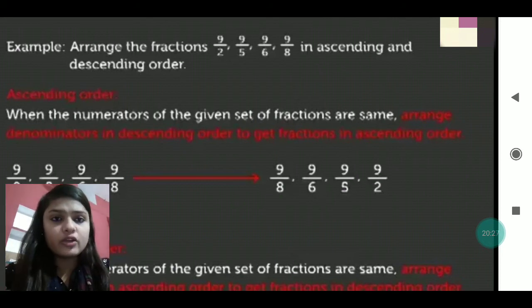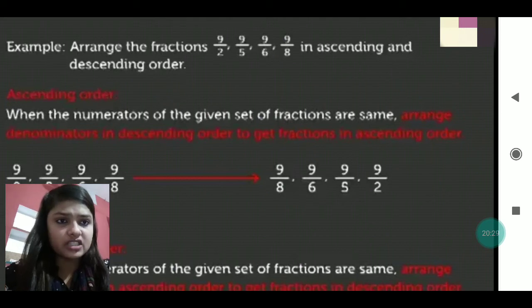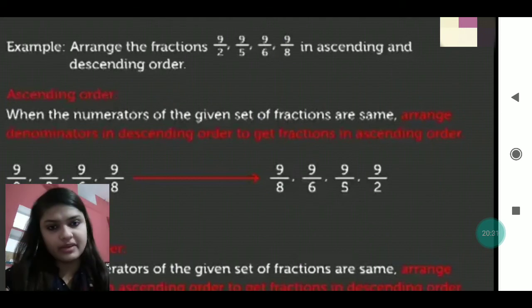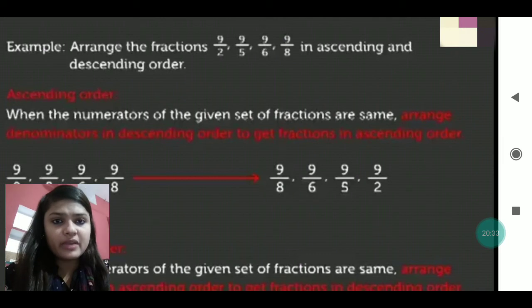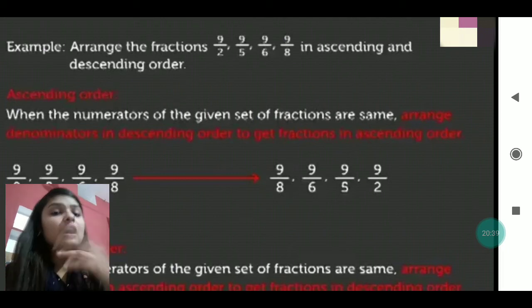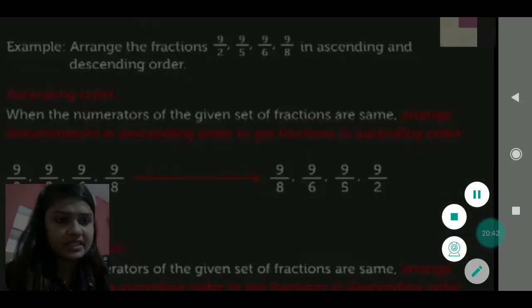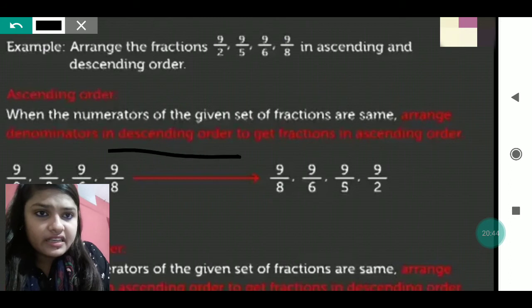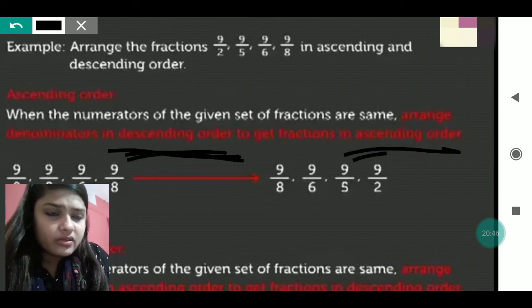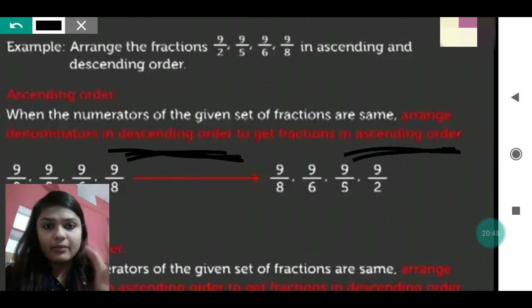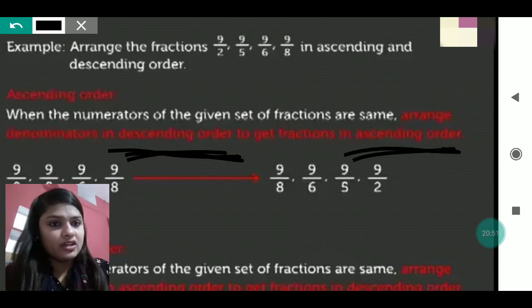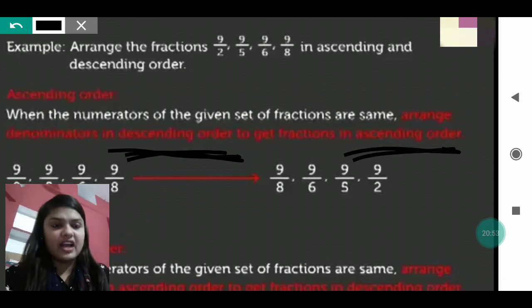When the numerators of the given set of fractions are same, arrange the denominators in descending order to get the fractions in ascending. In that case, you have to do the opposite. You have to arrange the numbers according to the descending order to get the ascending order fraction.